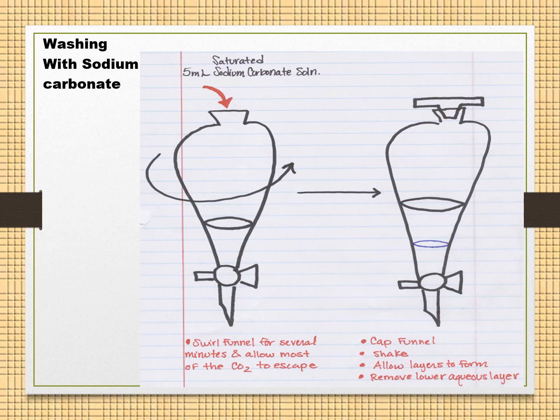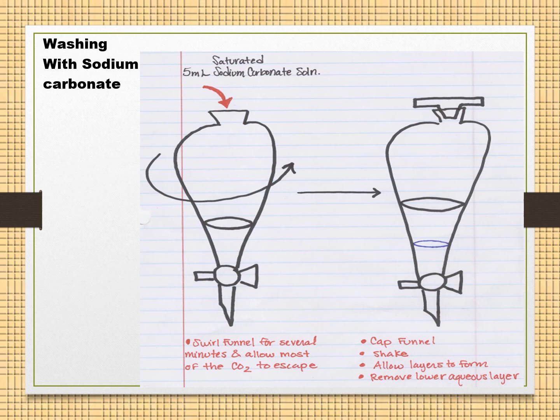The sodium bicarbonate removes any excess acid or alcohol remaining, and to do that, you add the sodium bicarbonate solution, about 5 milliliters, into the separatory funnel from the previous procedure, and then allow this to stand for some time so that the carbon dioxide will escape from the separatory funnel.